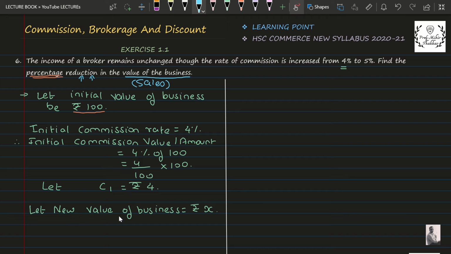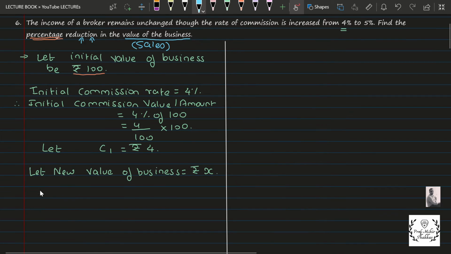So the new value of the business is rupees X. I get over here new commission rate is equal to 5%.